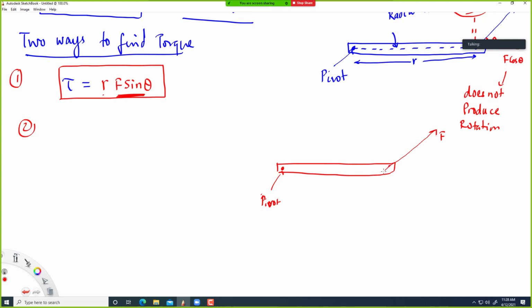Okay. So just draw a longer line for the force. This line along which you apply the force is called the line of action. So draw a long line of action. And from the pivot, draw a perpendicular line to that line of action. Okay, draw a perpendicular. It needs to be perpendicular.